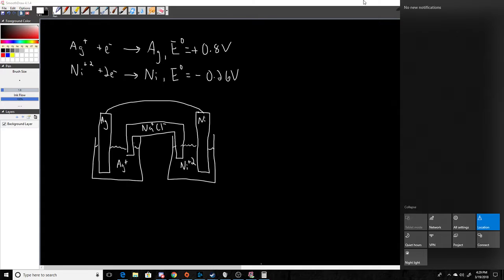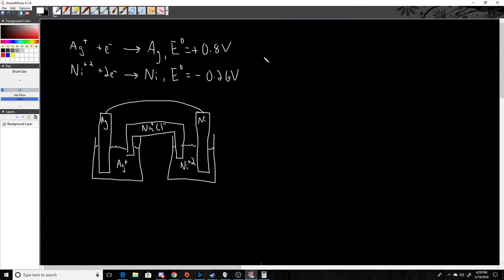Well, what this measures is how likely it is to undergo reduction. Essentially, the rule is the bigger the number. If I have a number line here, with -10 on one end and +10 on the other, the bigger my number, the more this way I am, the more likely I am to undergo reduction.